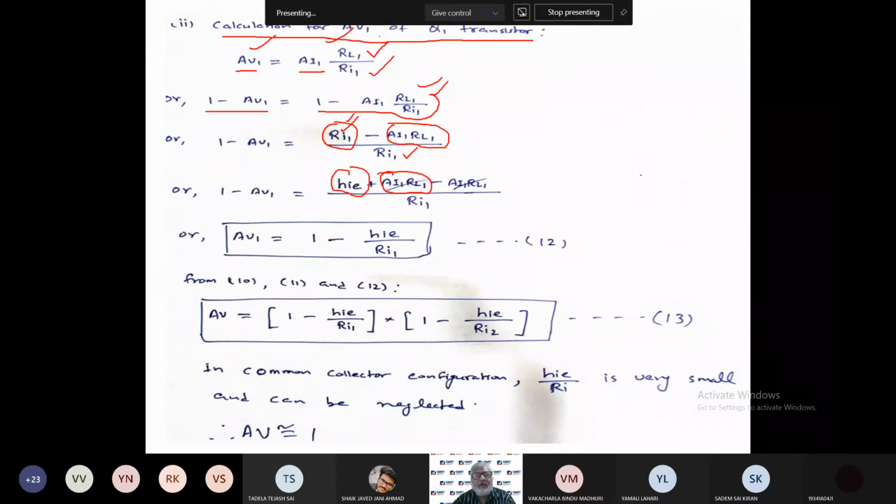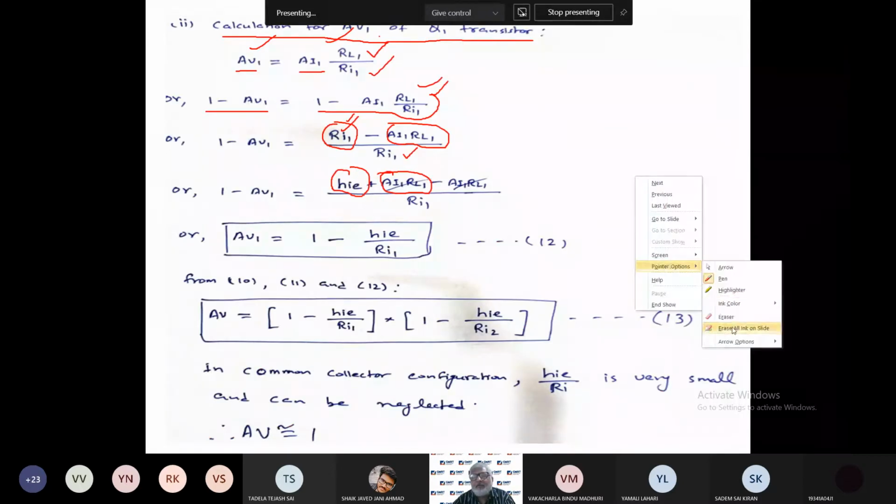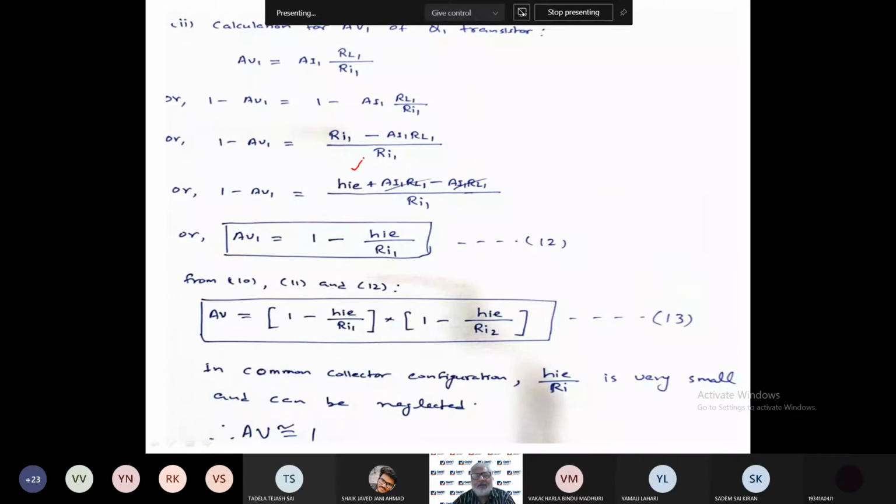Same way Ri1: HIE plus AI1 times the load resistance, that is RL1, the first transistor's load resistance. If I simplify, this and this will cancel out, and finally I get AV1 equal to 1 minus HIE by Ri1. This is my 12th expression.